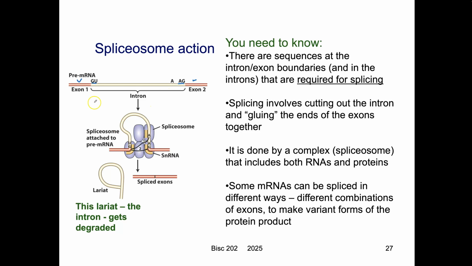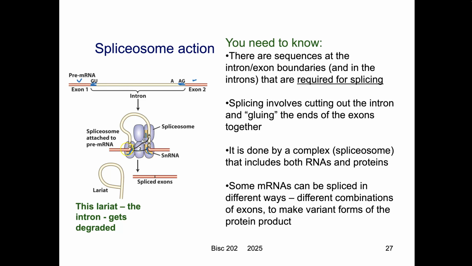And the idea is just that the spliceosome, which has, these are the little RNAs, and then these are the proteins that sort of hold the whole thing together. And notice that some of the RNAs are recognizing the GU on this side, and some of them are recognizing the AG on this side.